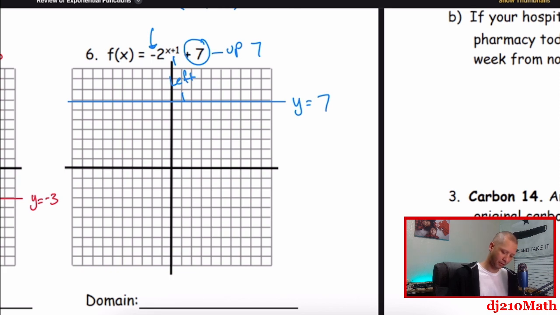Okay. Then if we look at the critical points of the parent function, these are going to be shifted up 7 and to the left 1, but reflected down. So left 1 and then up 7. And then reflected down.